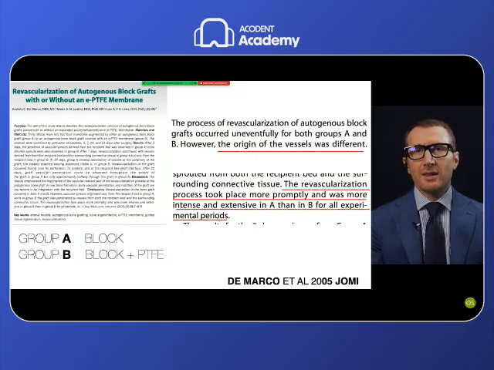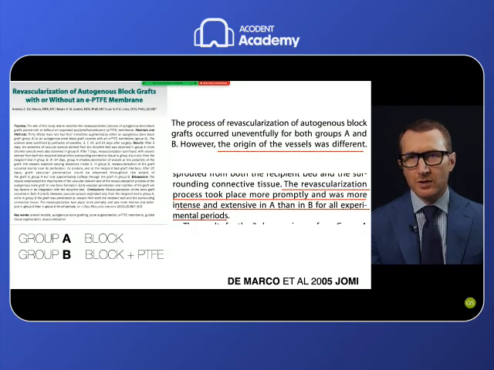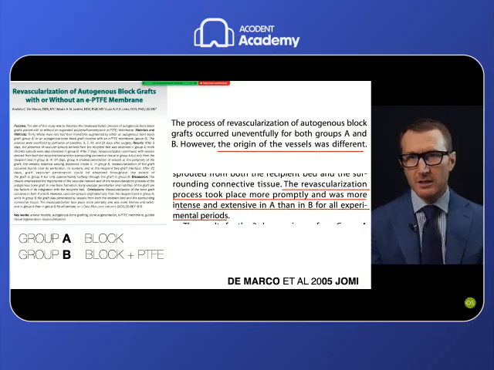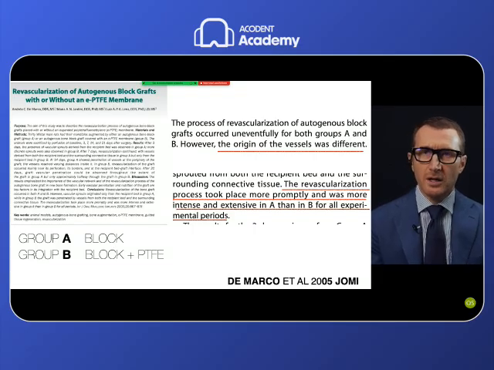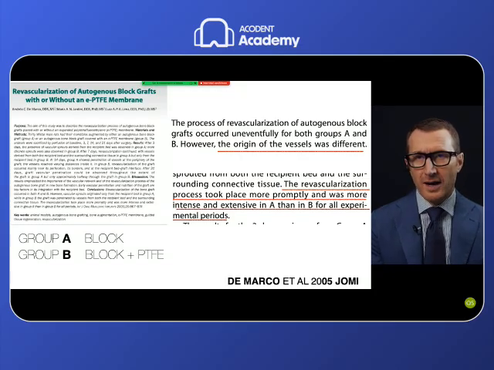Now, the block without the membrane was receiving vascular support from the soft tissue side and from the hard tissue side. So two sources of vascular support. On the opposite, the block protected by the barrier membrane received the vascular support just from the hard tissue side. So it has fewer surfaces for vascular support.